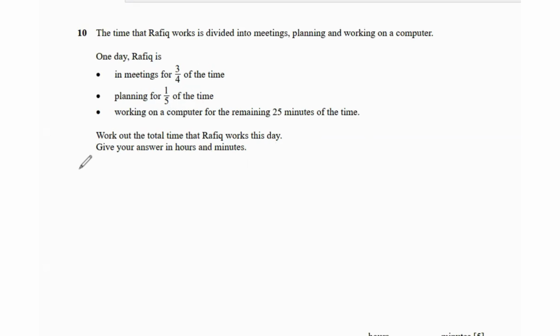So to figure that out, for the computer, we will do 1 minus 3/4 minus 1/5. When we're adding or subtracting fractions with unlike denominators, we're supposed to make the denominators equal first. We know 4 and 5 have the lowest common multiple of 20. So 20 is the denominator.